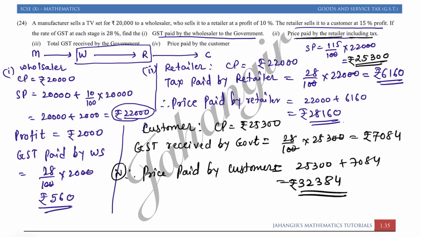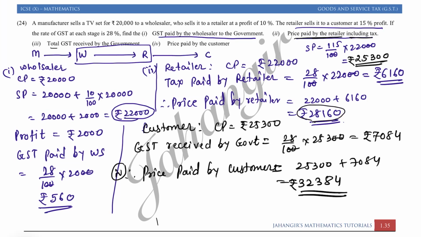See, if you are a retailer and you are going to buy something, बराबर? So you are going to give tax to the wholesaler, you are not going to give tax to the government. So whenever you are giving tax to some other person, you are paying tax on the buying price. So retailer will pay tax on its buying price, and after adding, customer will buy on that amount.